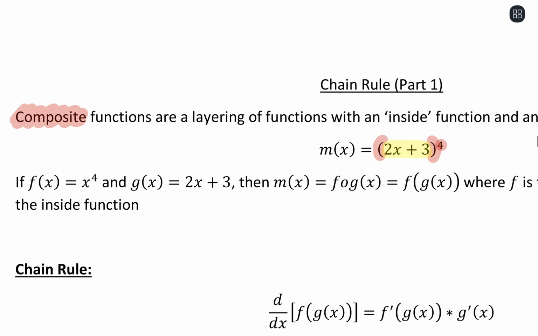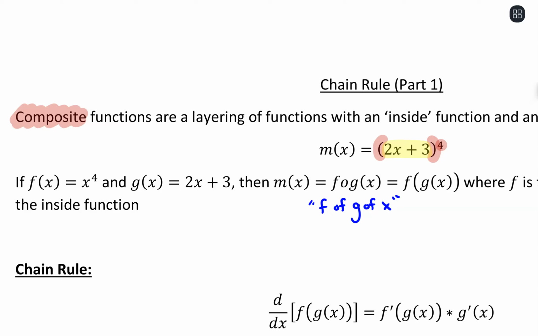And the second function, g of x, is 2x plus 3, which we would simplify inside the parentheses first. How we would read this is f of g of x. Our outside function is f, and g of x is our inside function. So f of g of x.